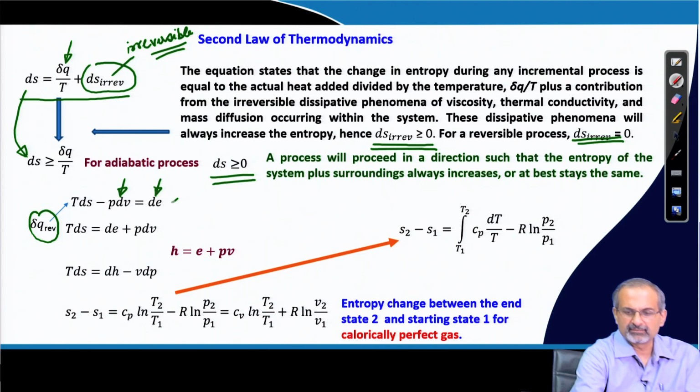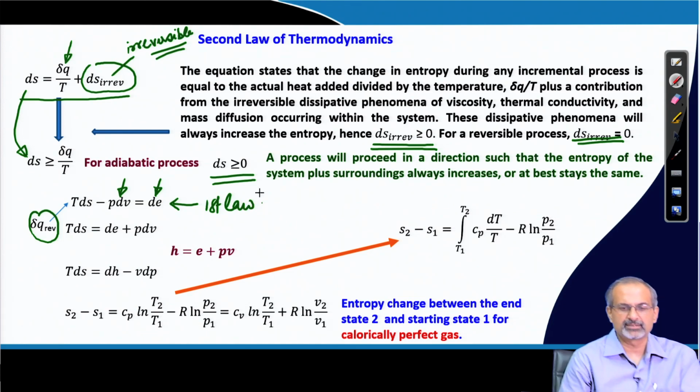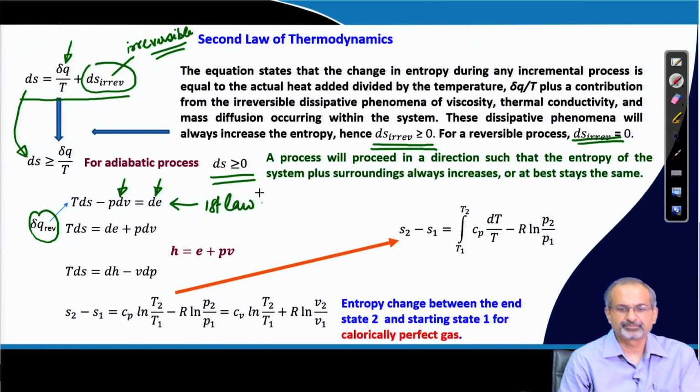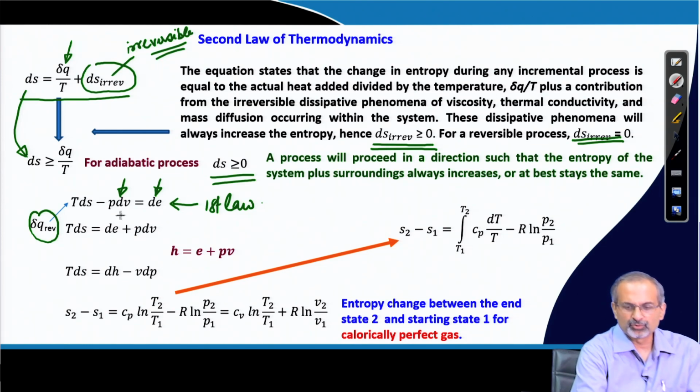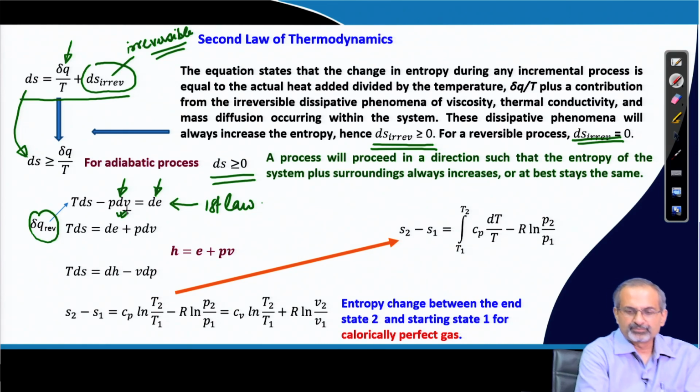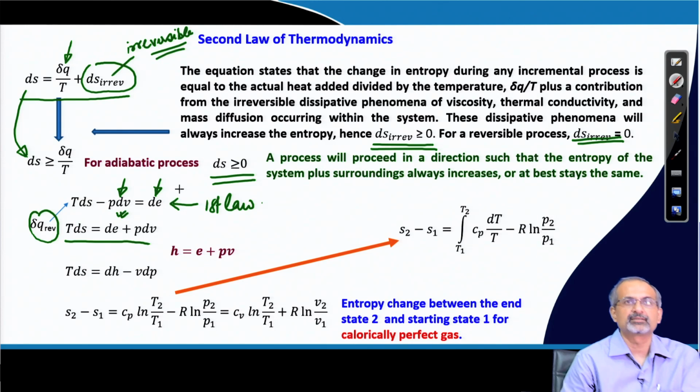That means, basically we have written the first law, only thing is we have replaced the del q expression by T ds, which happens to be the del q for a reversible heat transfer, and this is of course reversible work done on the system. So, this is a possible expression of first law, where we are putting in the ingredients of the second law. It can be alternatively expressed like this by transposing this term to the right hand side.